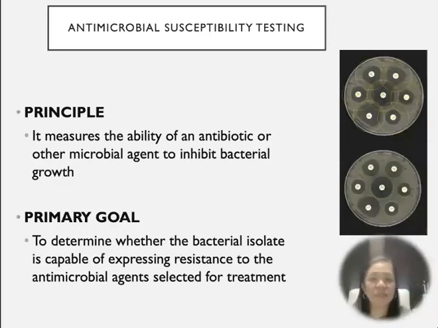So let's move into the assay itself, antimicrobial susceptibility testing. So the principle of this is to measure, or to check if the antibiotic is indeed able to inhibit bacterial growth or to kill bacterial organisms. Our goal here is to determine whether the bacterial isolate is sensitive or resistant. So you'd like to check whether they are affected by the antibiotics or if they're able to resist antibiotics.